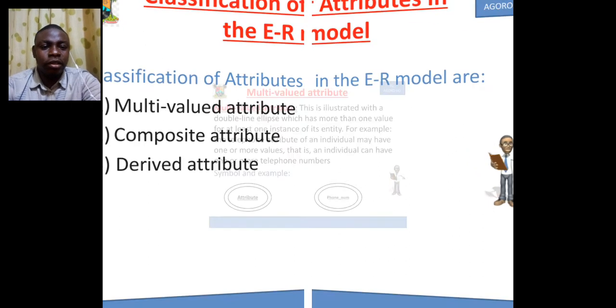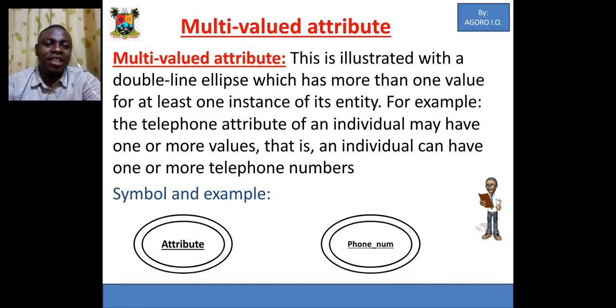What do you understand by multi-valued attributes? A multi-valued attribute is illustrated with a double line ellipse. As you can see in the symbol below, it is illustrated with a double line ellipse, and it has more than one value for at least one instance of its entity.